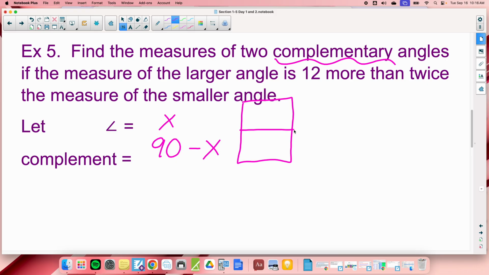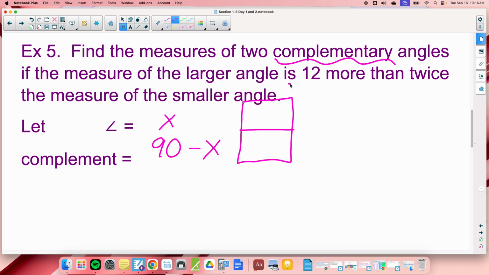And here it says, find the measures of two complementary angles if the measure of the larger angle is. Now we don't know which one is larger, but that "is" means equals. So it means like your larger angle is going to equal something else.